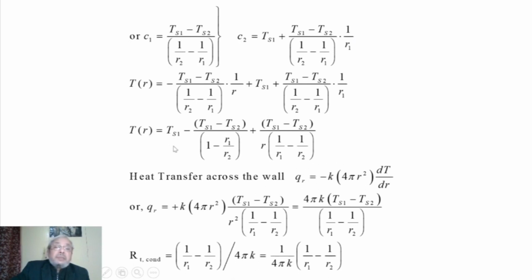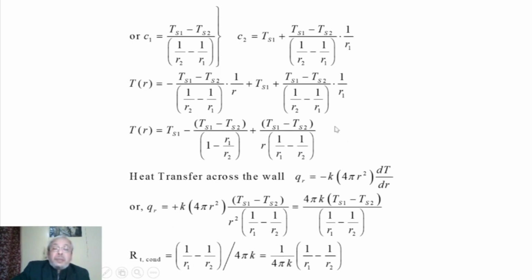Rearranging the terms, T of R becomes Ts1 plus (Ts1 minus Ts2) divided by (1 by R1 minus 1 by R2) into (1 minus R1 by R), or equivalently in terms of 1 by R. So this is the expression for temperature distribution.